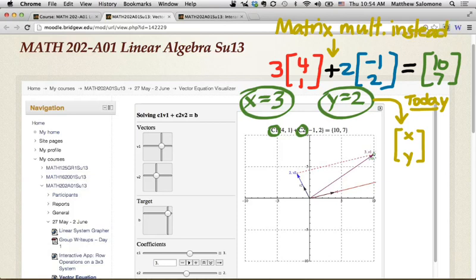So instead of linear combination, we end up with matrix multiplication. And the matrix that we multiply this vector by is exactly the matrix whose columns are 4, 1 and negative 1, 2. So this is going to be reframed today. Let me just carve out some space to finish this thought.